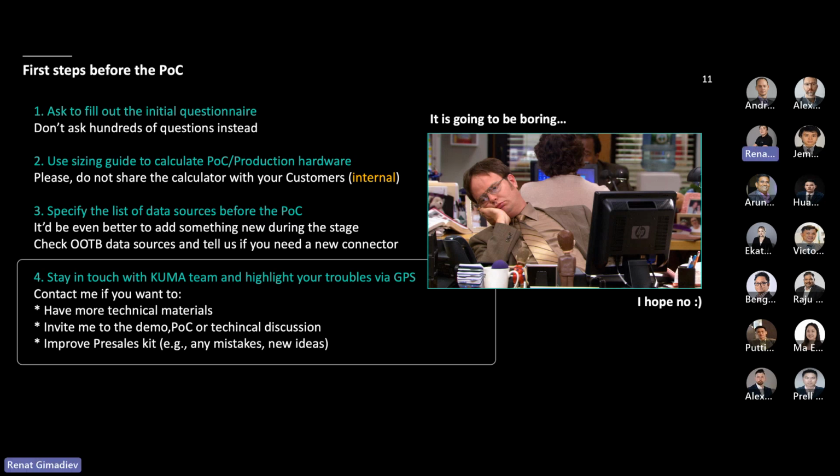One notice: we have out-of-the-box integrations, so you can check the list of available data sources before we start the POC. If you find out that some of the data sources are not supported right now, and you don't know what to do, please stay in touch with our team.